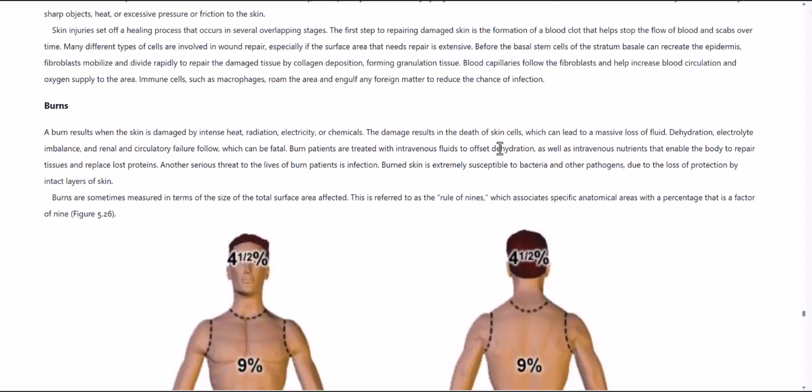The other thing that's a problem with the death of your skin is that you're now leaving an opening to losing fluid from your body. So after the risk of infection, you also have a risk of losing fluid, electrolytes, dehydration, all sorts of things, which can lead to circulatory, cardiovascular failures, and even death.